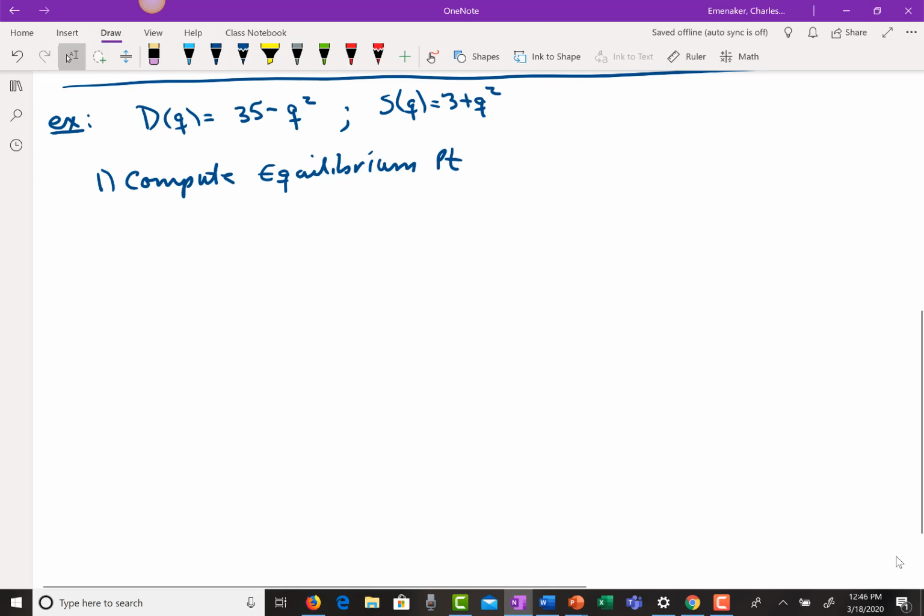If you have two equations like this, what you may also want to do is to realize that this equilibrium point occurs where these two functions are equal. So you can just take the two functions, set them equal to each other. This is going to give us 2 times q squared equals, and if I subtract 3 from each side, that's going to give us 32.